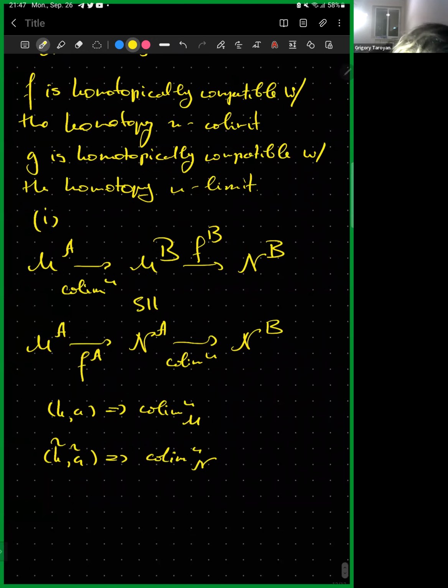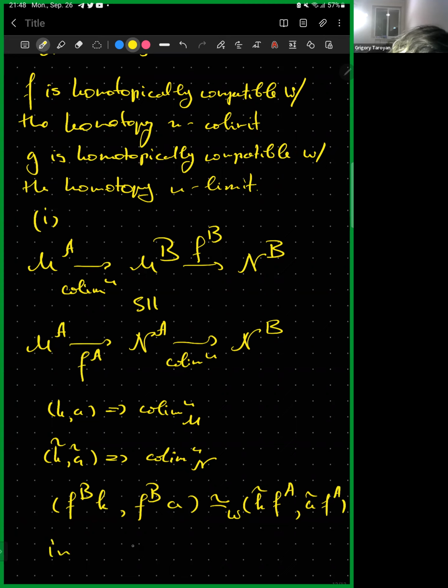Then the composition FB K tilde FB A is naturally weakly equivalent, canonically weakly equivalent to the composition K tilde FA, A tilde FA.